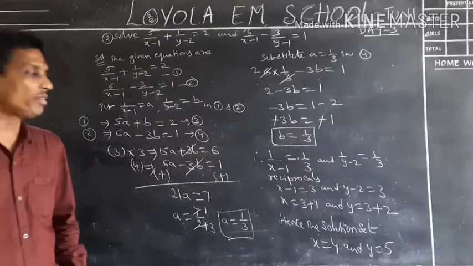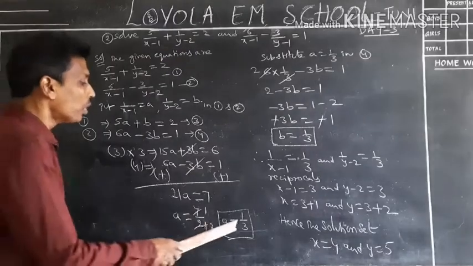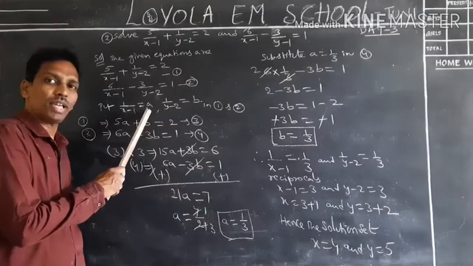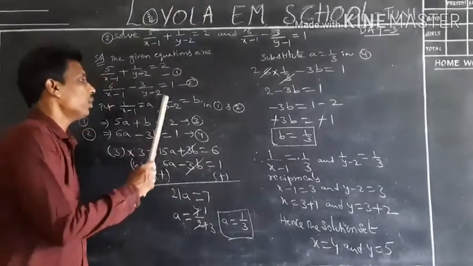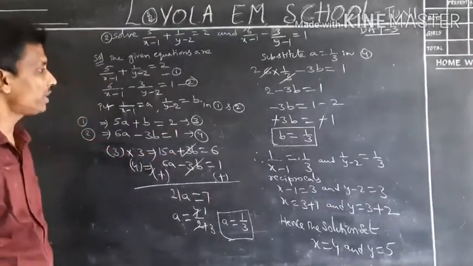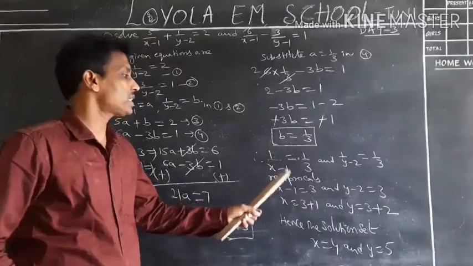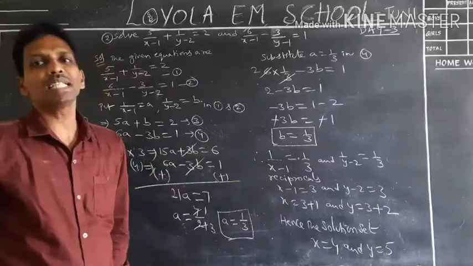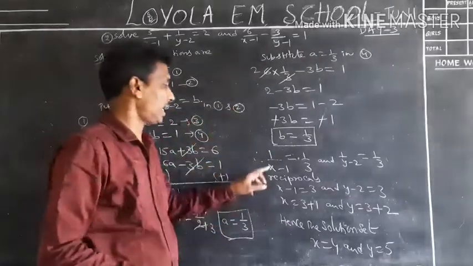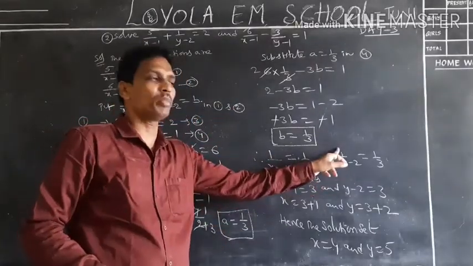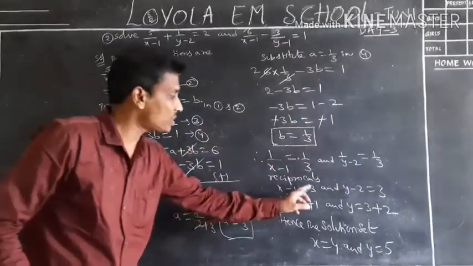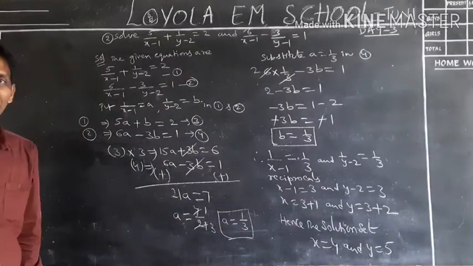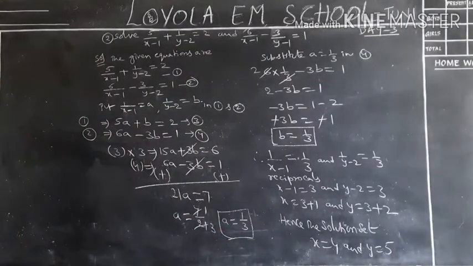After getting the a and b values, both values we equate to the substitution. 1 by x minus 1 will be equated to the a value, 1 by y minus 2 will be equated to the b value. Then 1 by x minus 1 is equal to 1 by 3 and 1 by y minus 2 equal to 1 by 3. Simply I am writing the reciprocals, means reverse. x minus 1 by 1, 3 by 1, y minus 2 by 1, 3 by 1. So minus 1 will go to that side, minus 2 also will go to that side. Hence we get the solution set x is equal to 4 and y is equal to 5.